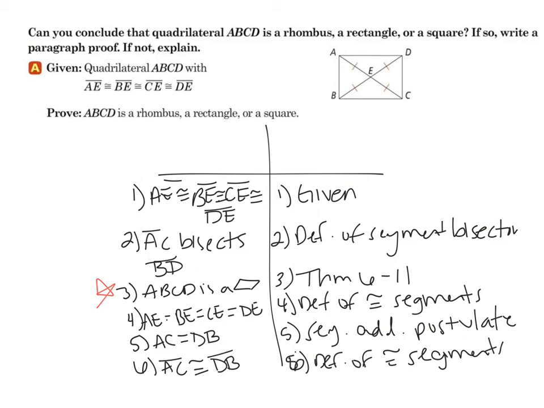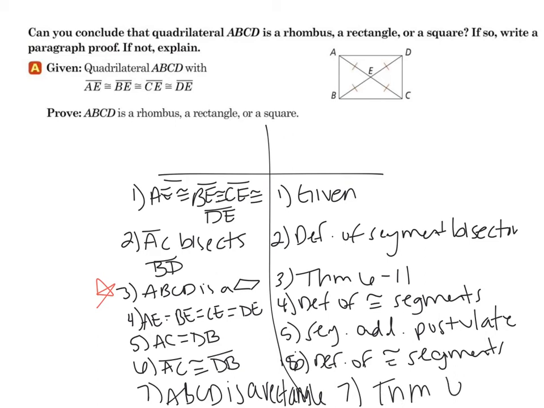And lastly, we can conclude that ABCD is a rectangle, and the reason for it being a rectangle is by theorem 6-18.